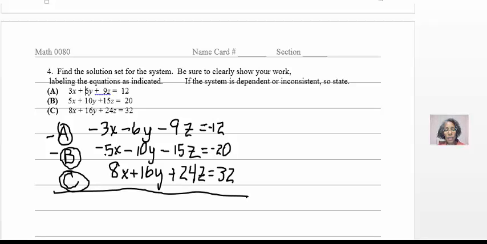I'm going to actually add negative A to negative B to C, and I see that the entire left side of the equation adds to 0, and the entire right side adds to 0. This is a true statement.